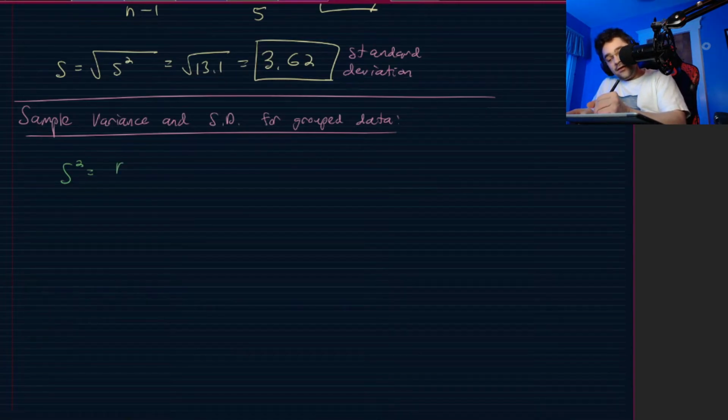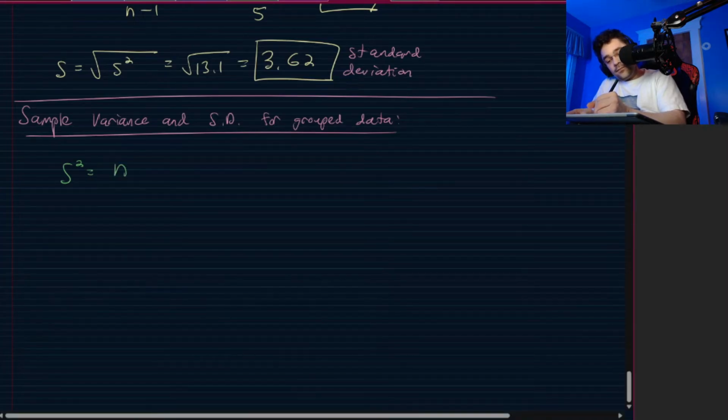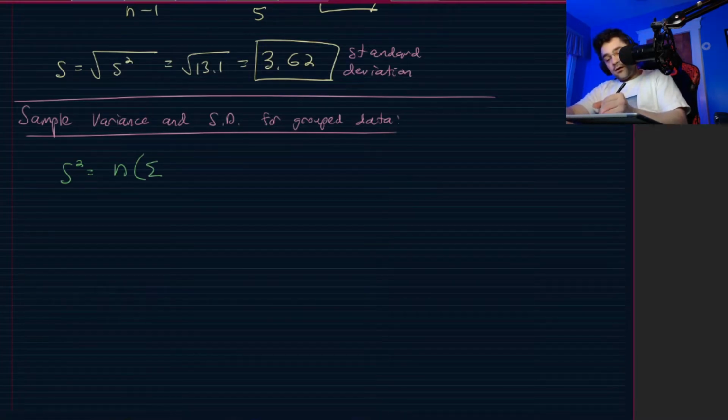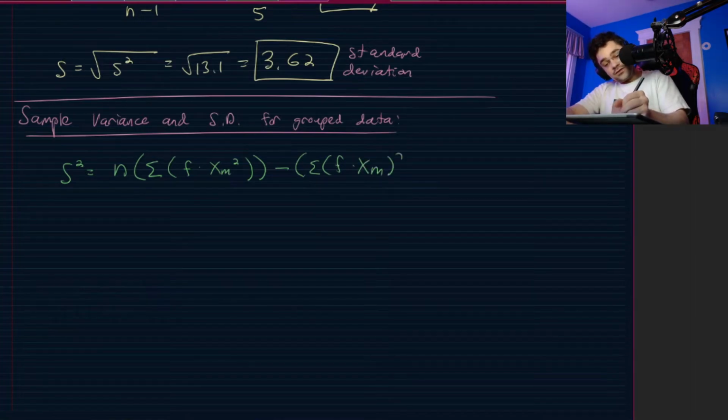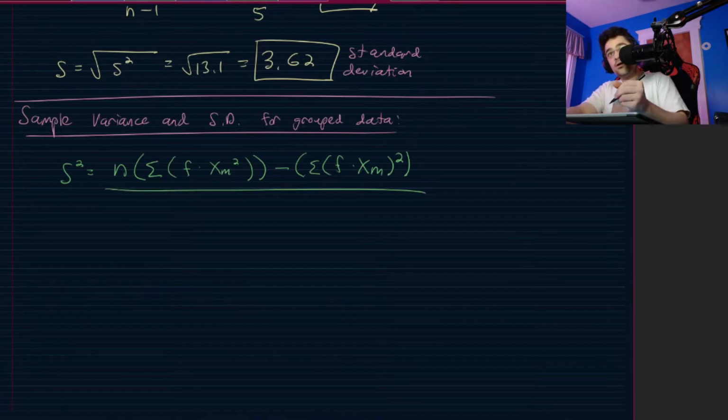It's n times the sum of all of f times xm squared, minus the sum of all f times xm, squared on the outside of the parentheses, all over n times n minus 1.